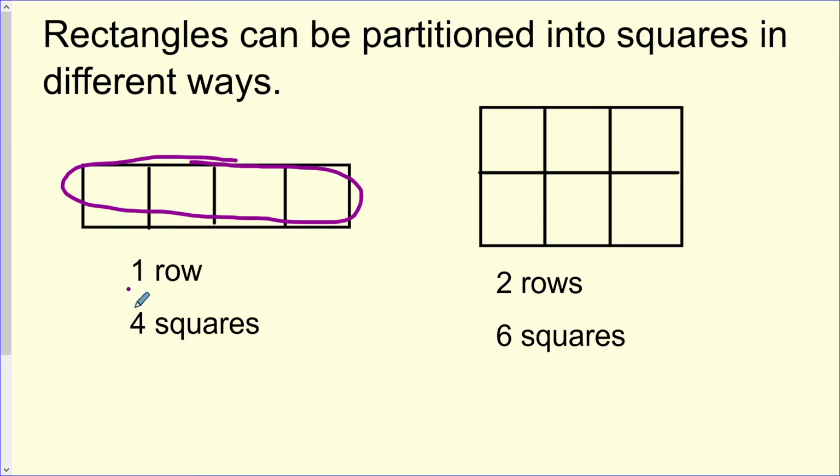There's 1 row and there's 4 squares in each row. This time they had a rectangle that was a little taller than that one. They drew a line here and here and here, and they divided it so that it has 2 rows. There's row number 1, row number 2, and there's 3 in this row, 3 in that row, and 3 plus 3 is 6 squares in all.